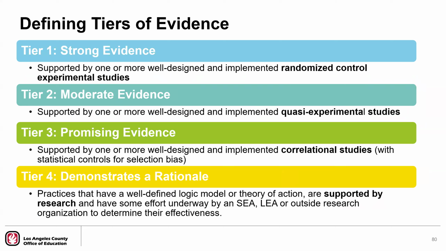So we'll talk a little bit about the criteria. Tier 1 with strong evidence is the highest level of available evidence. For an intervention to qualify in this tier, there must have been a well-designed and fully implemented experimental study with at least 350 participants in more than one district or school that produced a statistically significant positive effect on a relevant outcome.